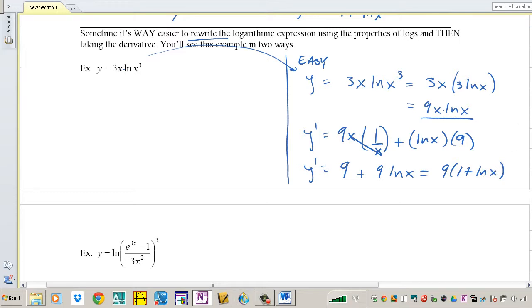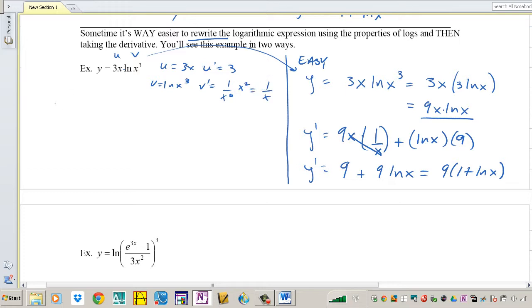Now let's do this the longer way. So let's just say I'm taking the product rule already. So u is 3x, u prime is 3, ln x cubed is v, so that means v prime is 1 over x cubed times x squared, which is 1 over x.